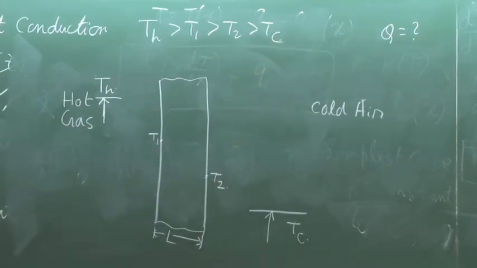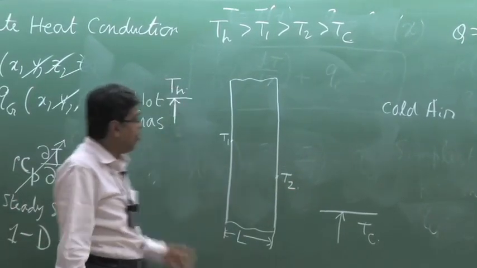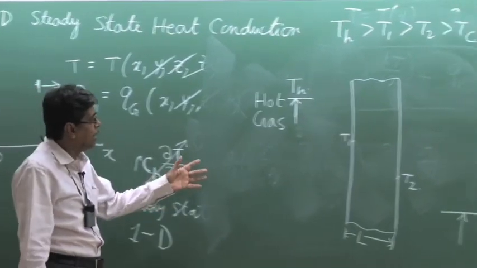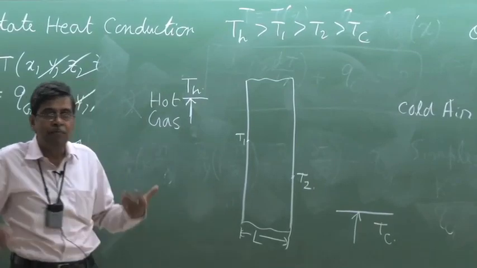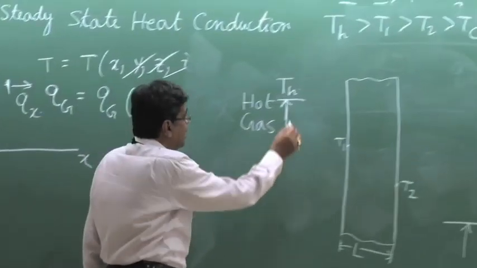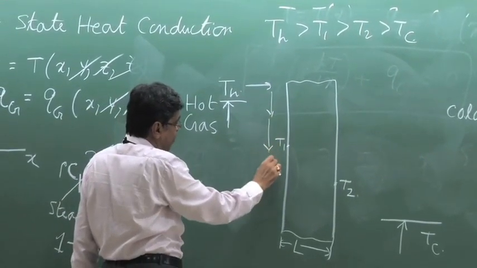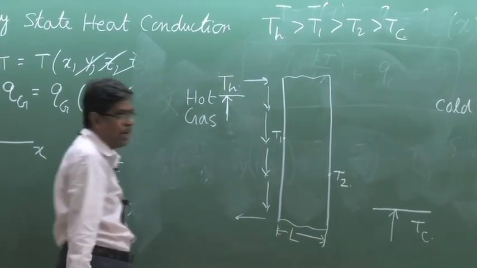But the problem is specified in terms of TH and TC. Now, what are the circumstances? The hot gas may be flowing or may not be flowing. In the case of a stagnant hot gas, there will be a natural circulation flow like this, which I discussed in one of the earlier classes.